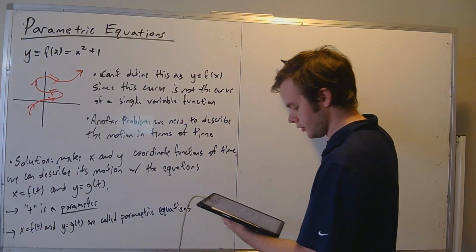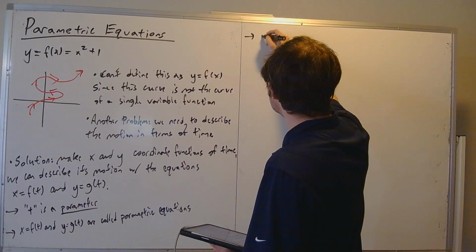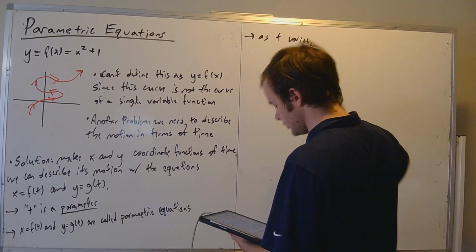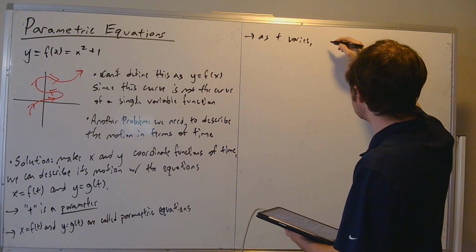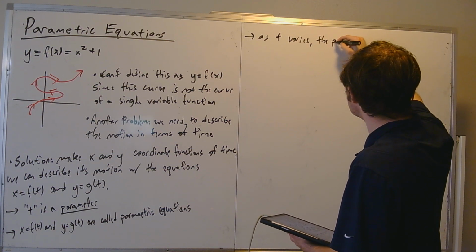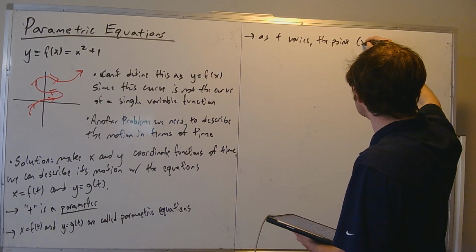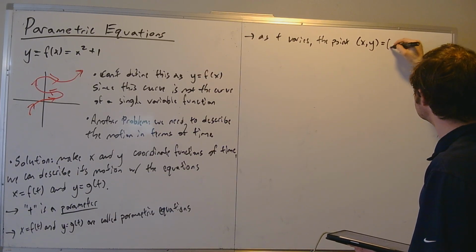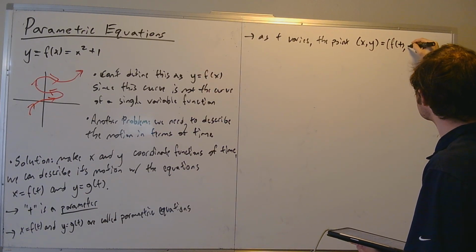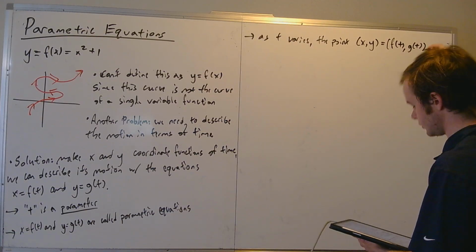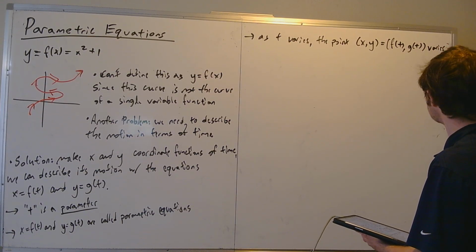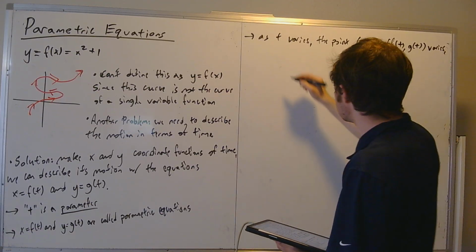And also, as t varies, the point x comma y, which is going to be equal to f of t comma g of t, varies, tracing out a curve.